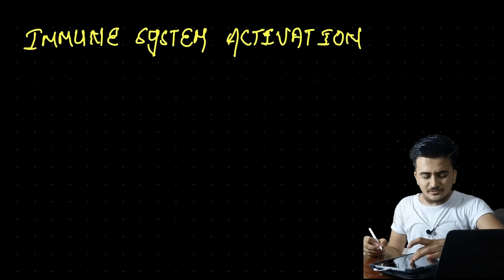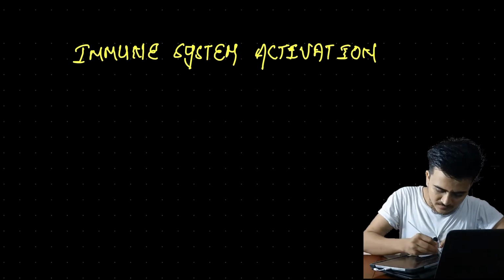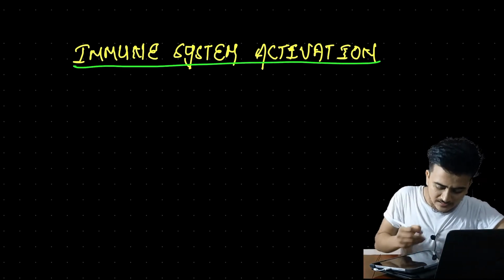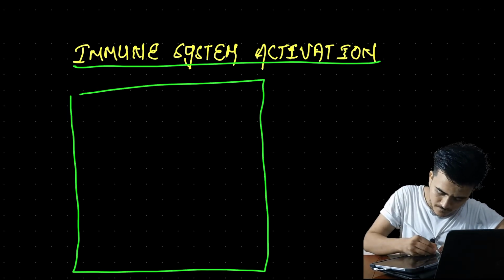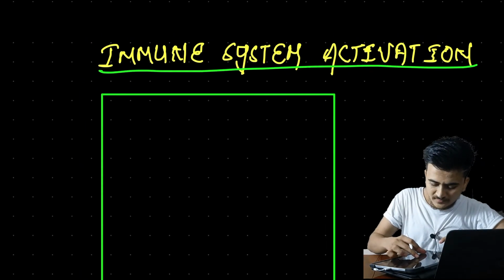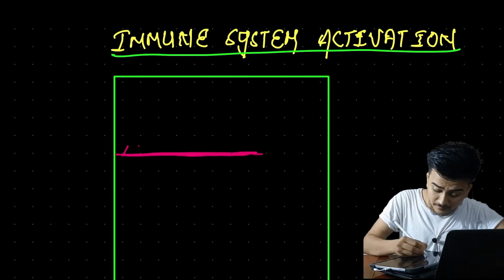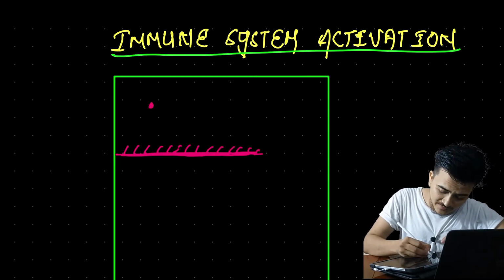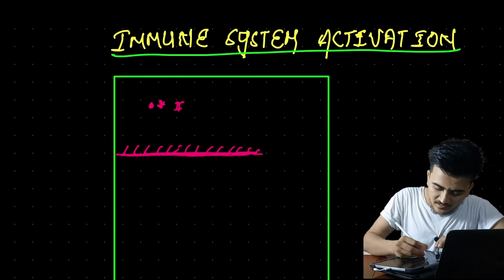Okay, talking about immune system activation, initially let us go toward the basic concepts. Let us suppose this is our human skin, obviously the barrier, and there are several microorganisms in the environment which are the antigen.